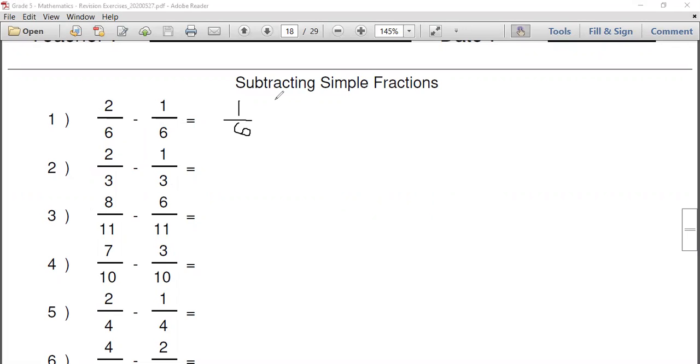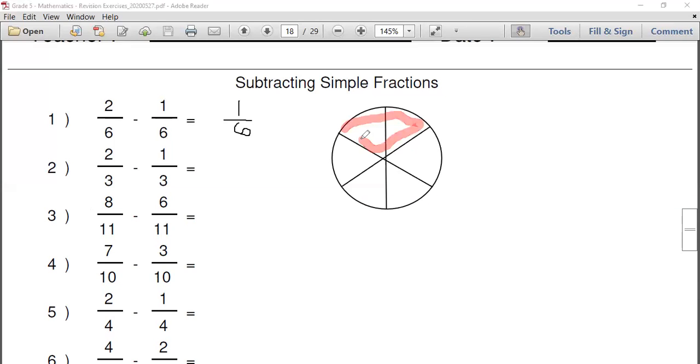If I would like to draw a picture, here's my circle, my whole, and now I'm dividing it into 6 pieces, because my denominator says we need to divide it into 6 pieces. There's my 6 pieces, and now I am starting with 2 of them, so I only have 2 sixths.